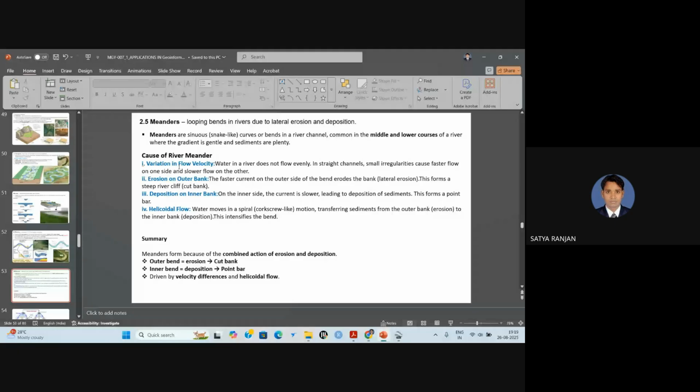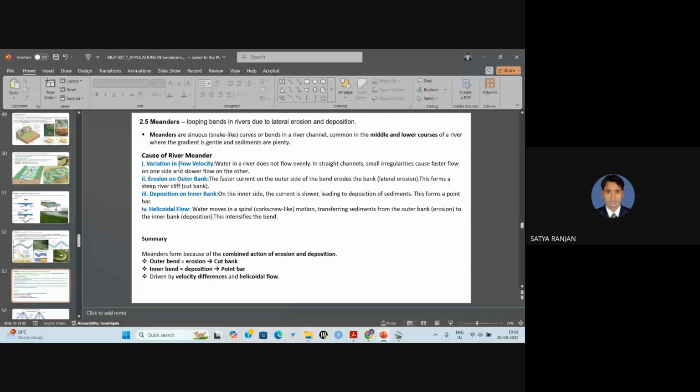This is also meandering, largely in the lower areas. Sorry, in this part meandering is very high. Based on rock type and other deposition or erosional surface, meandering is dependent on this.